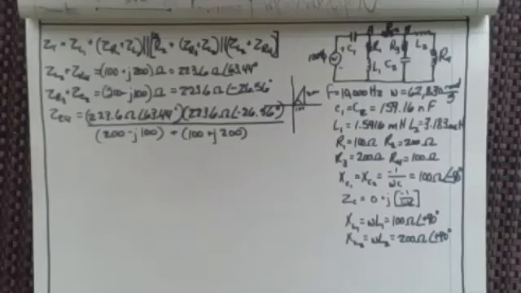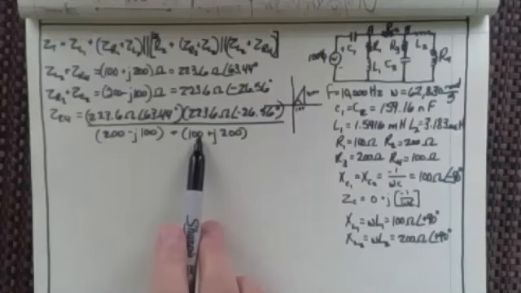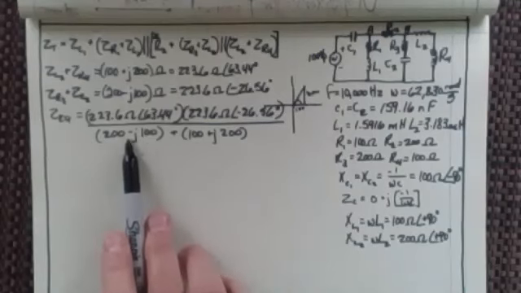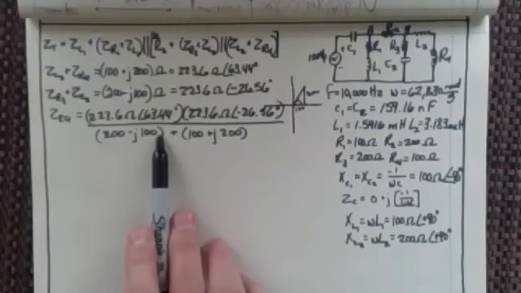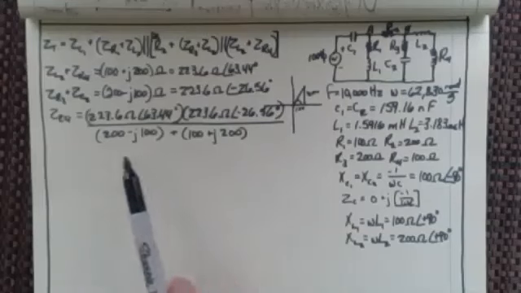Because if I just add these two up, right? That's what I want to look at. What am I actually going to get off the bottom? Now you can see 200 plus 100 is 300, and 200 minus 100 is 100. So that's 300.